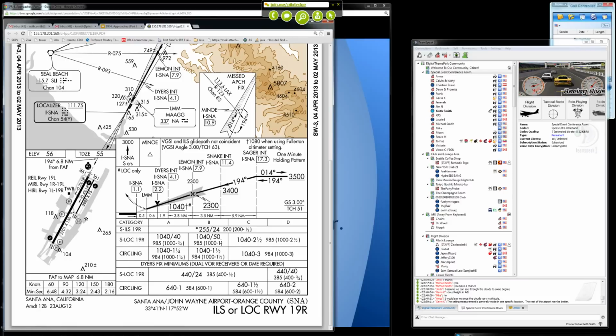Now when we say you need 2.5 miles, it can mean two different things. If you're flying an airliner or Part 135, so if you're a charter pilot, and the reported visibility is lower than the minimums, you're not allowed to shoot the approach, period, as far as I know. I'm not an airline or charter pilot, but that's my understanding of it.